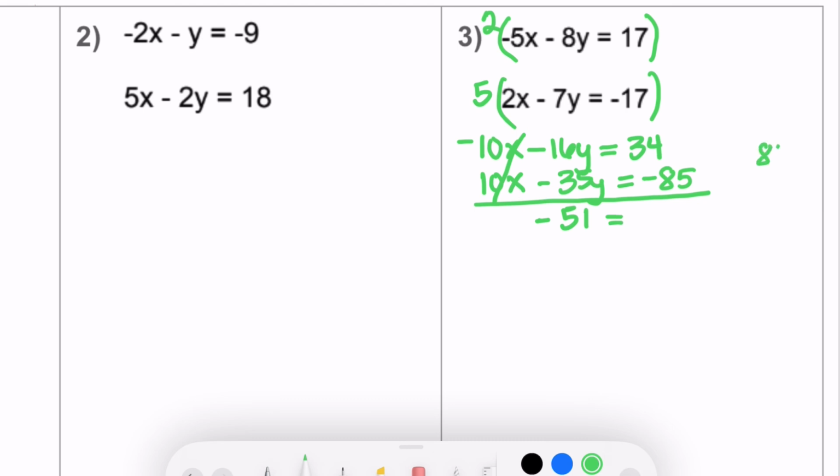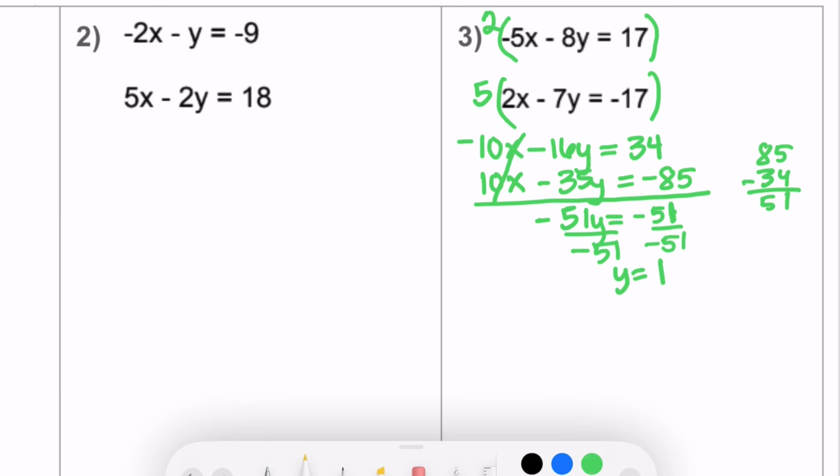And let's see, 85 and 34. Oh, that's 51 as well, right? Oh, nice. So negative 51y equals 51. Divide both sides by negative 51, and y is equal to 1. So, of course, you got to plug it back in to find out the value of x. Choose either one.